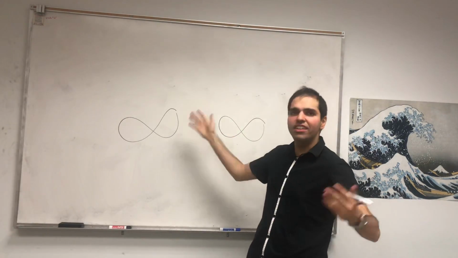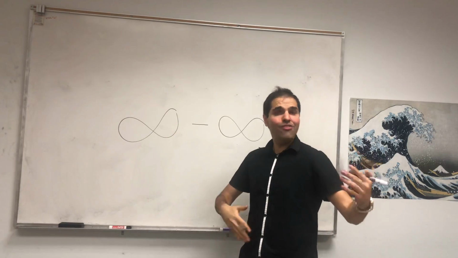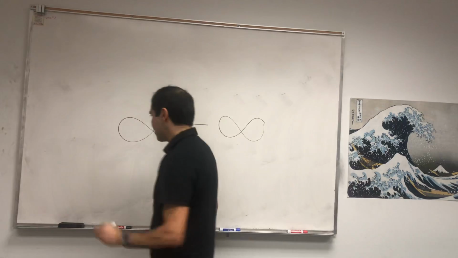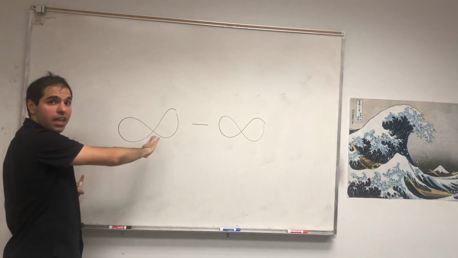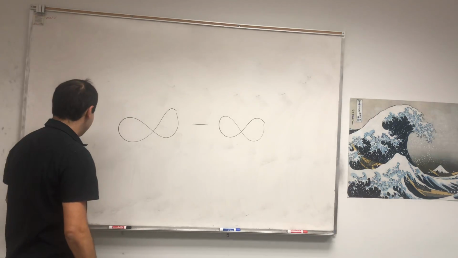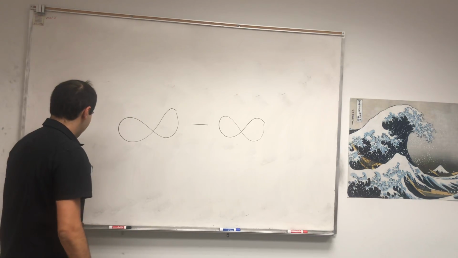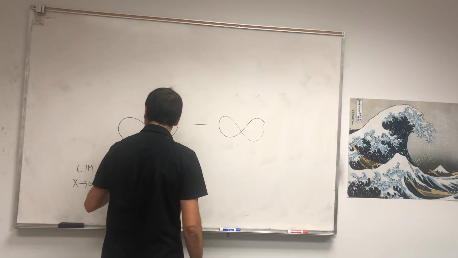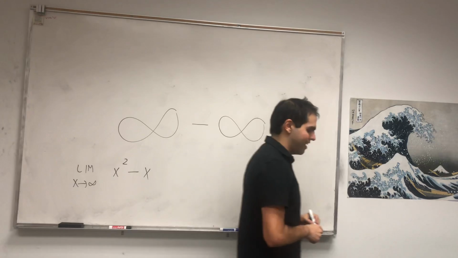Infinity minus infinity isn't always 0. In fact, I want to illustrate that it can be whatever we want. So, indeed, let me illustrate a scenario where infinity minus infinity is infinity. So let's calculate the limit as x goes to infinity of x squared minus x.